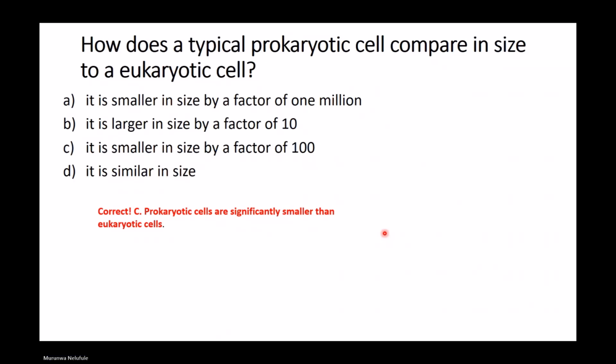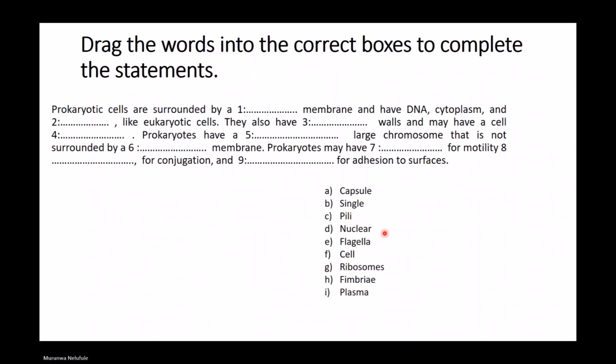And again, we've got that question. Drag the words into the correct boxes to complete the statements. Prokaryotic cells are surrounded by number one, membrane, and have DNA, cytoplasm, and two, like eukaryotic cells, they also have number three, walls, and may have a cell. Prokaryotes have a five large chromosome that is not surrounded by a six membrane.